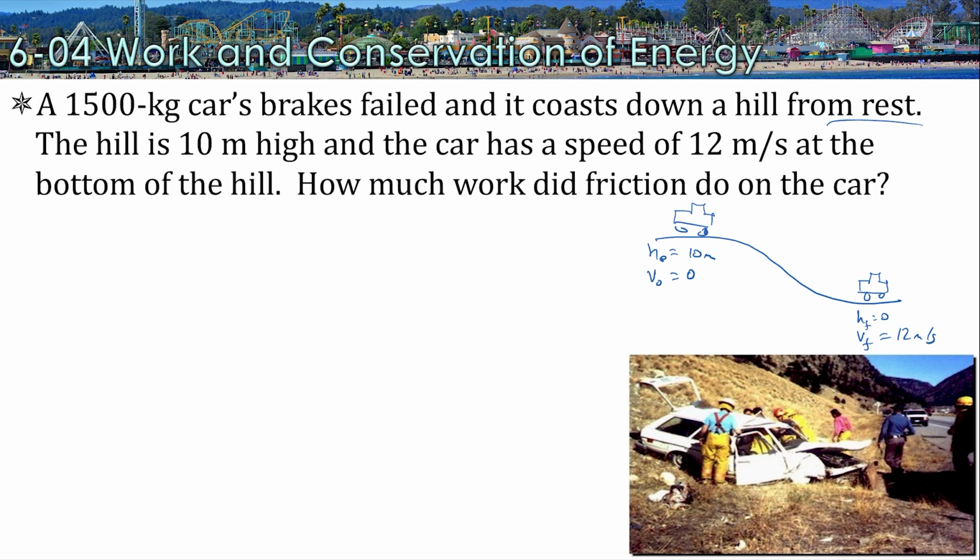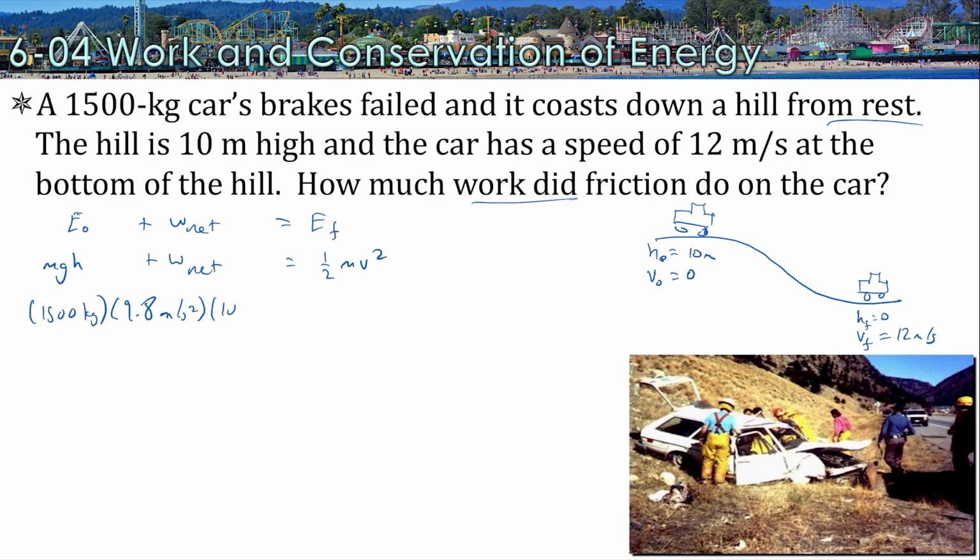And we're looking for work from friction. So our initial energy plus our net work equals our final energy. Our initial energy, we have potential energy. Final energy, all that potential energy is changed to kinetic energy. G is 9.8.